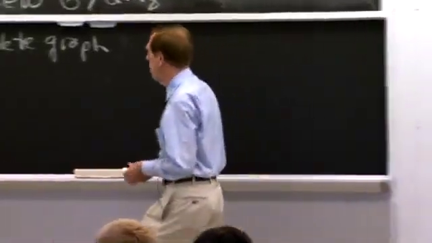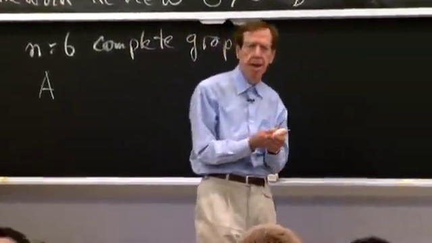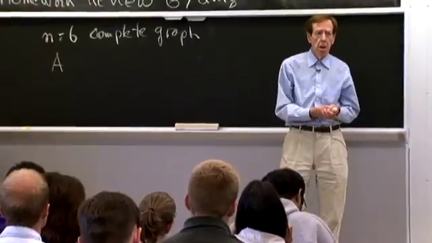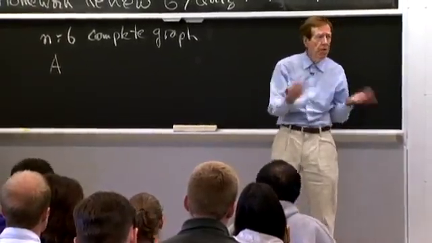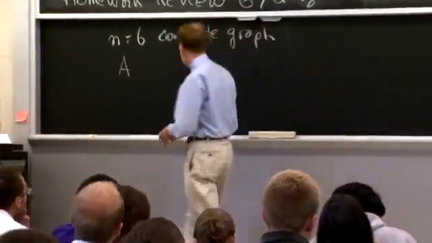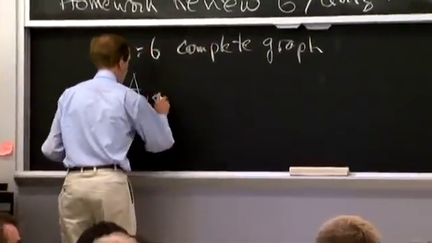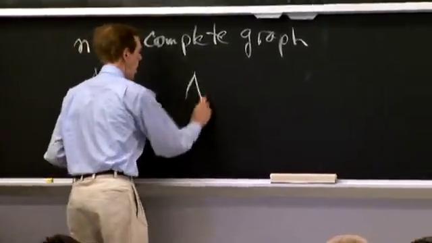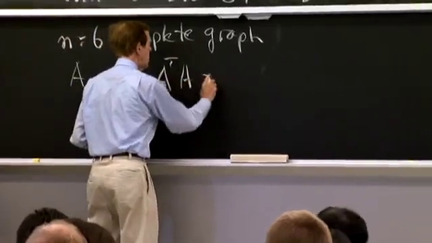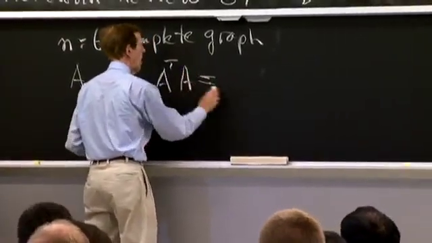What would be the shape of A in that case? It has a row for every edge, so 15 by 6. And I could create A transpose A just to have a look at it.